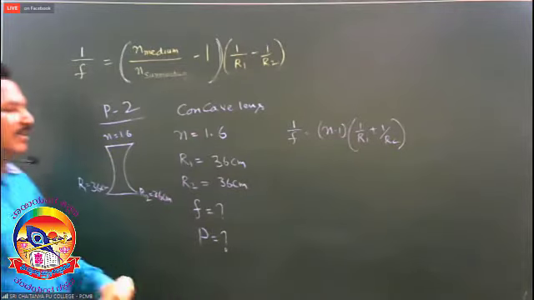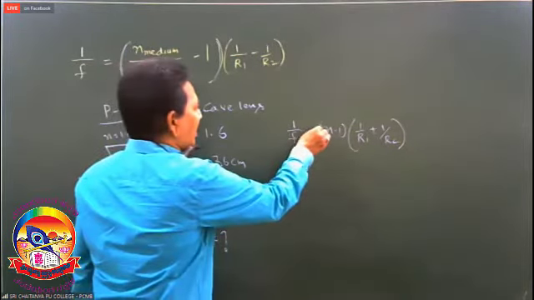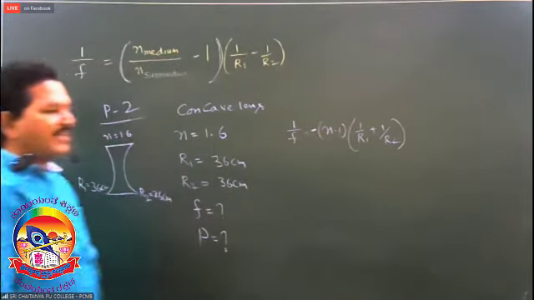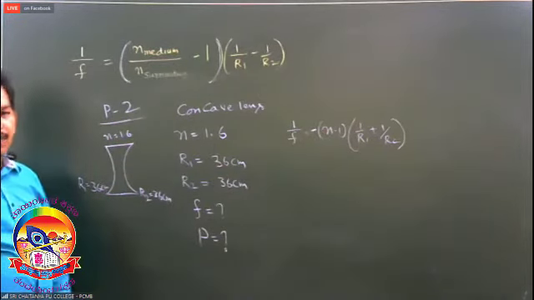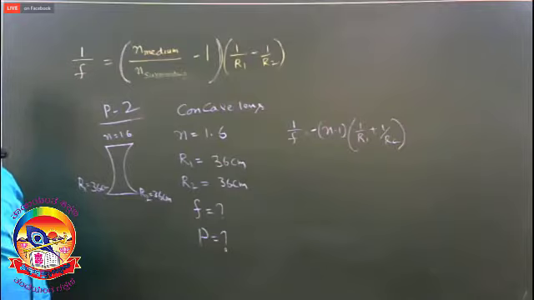Substitute in the formula. For concave lens, already derived, focal length is negative. So 1 by f is equal to minus (n minus 1) into (1 by r1 plus 1 by r2).